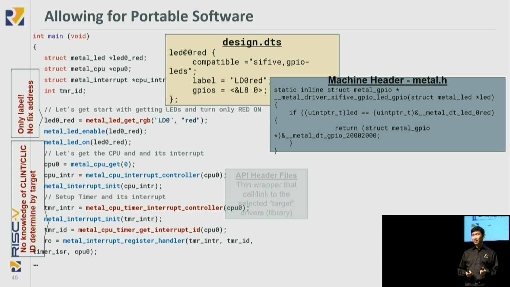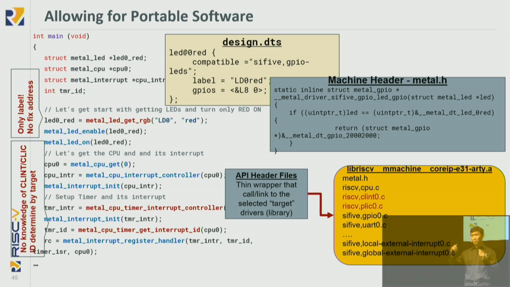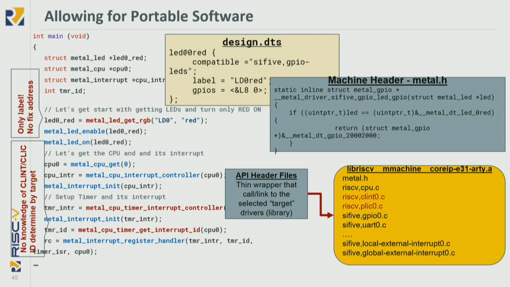So how does this work? Well, when you compile this particular program with a target that you specify that has a CLINT itself, because the BSP dictates and has all the information associated with the CLINT, a library for that particular hardware has been generated for that particular target already.